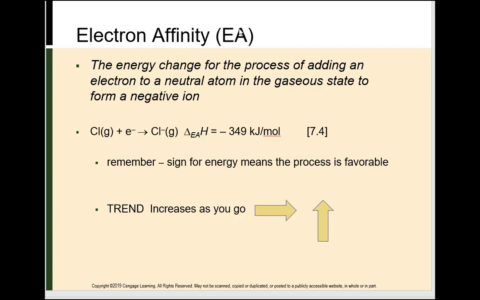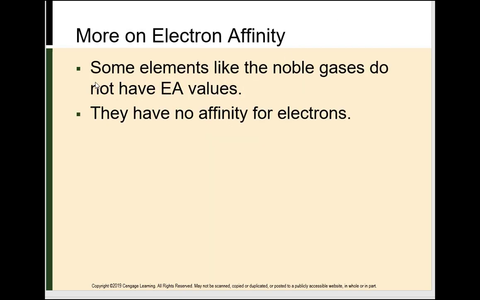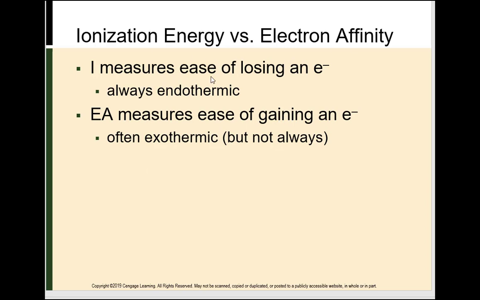So they have an electron affinity, but they need 2 electrons, so it's not nearly as high as my halogens that really want 1. So we are increasing as we go to the right, increasing as we go up. And like I said, the noble gases do not have an electron affinity value because they are not wanting electrons at all. They're happy, they're safe, they're full.